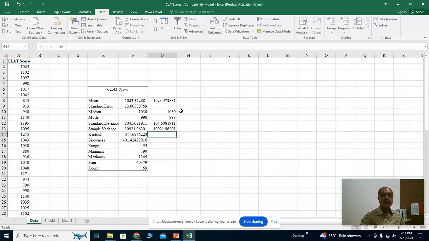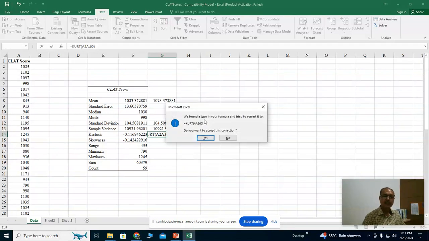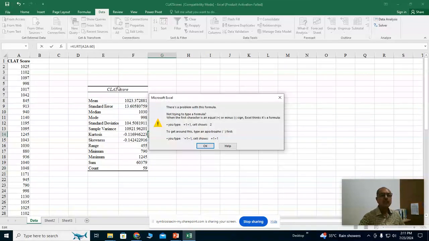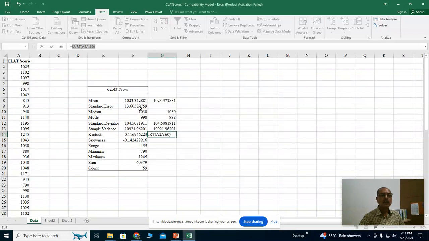So again, kurtosis you can also calculate. Just put the equal sign here and write kurt. You can see that it is also showing. If you select the cursor, it will show what function it is. So again, okay.